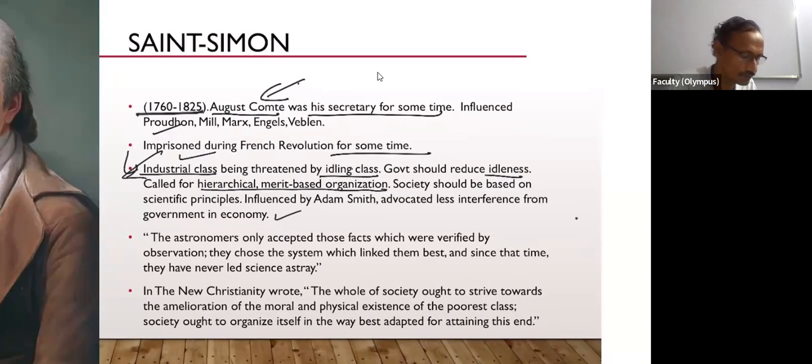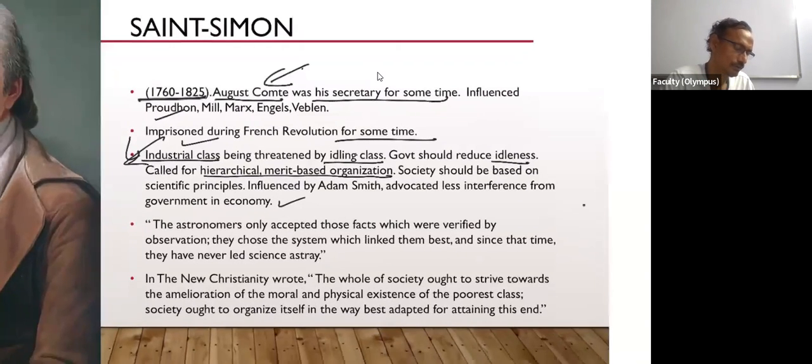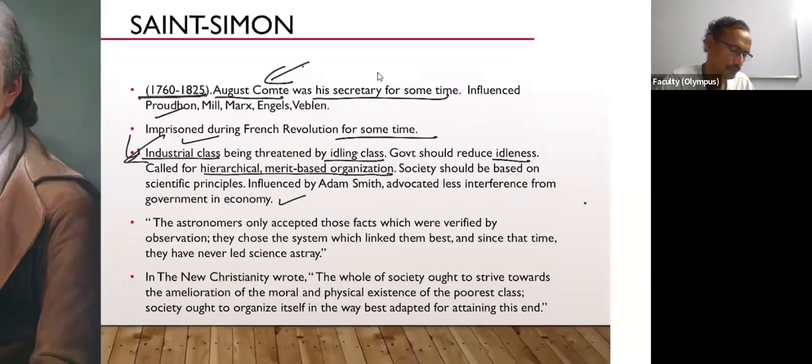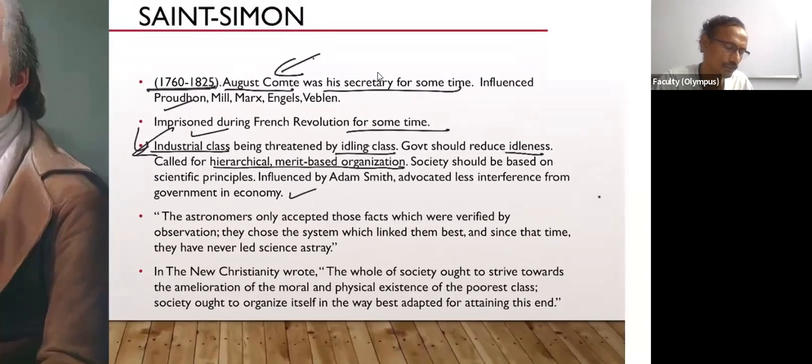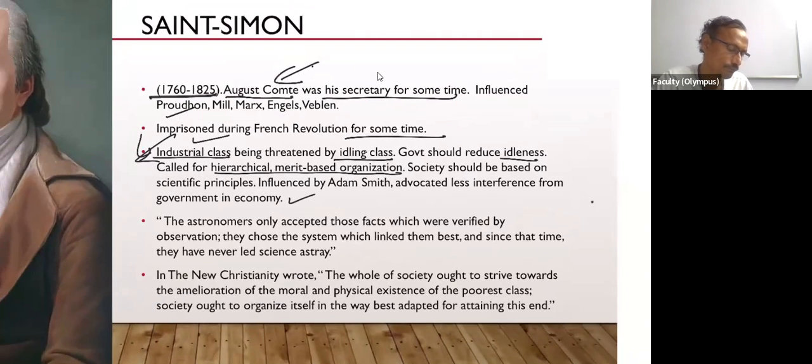So he's an advocate of a scientific approach to the designing of systems. For example, he said: the astronomers only accepted those facts which were verified by observation. They chose the system which linked them best, and since that time they have never led science astray.